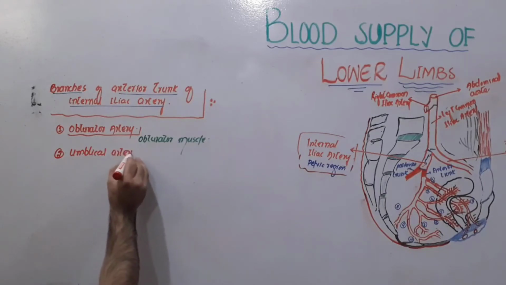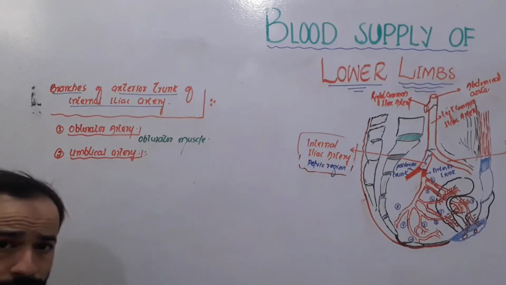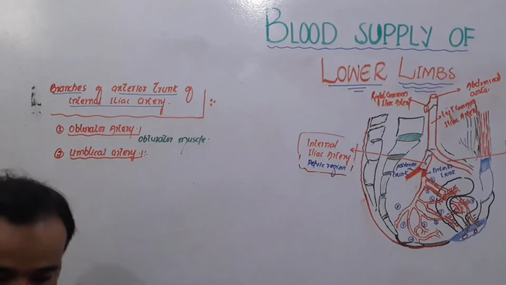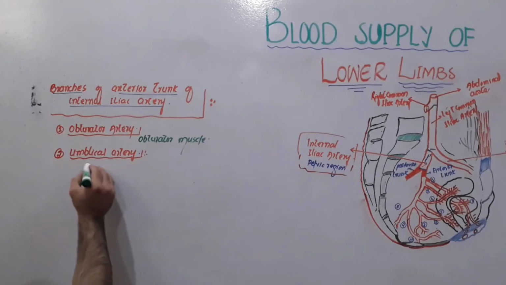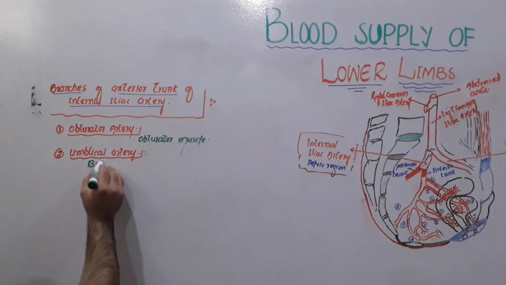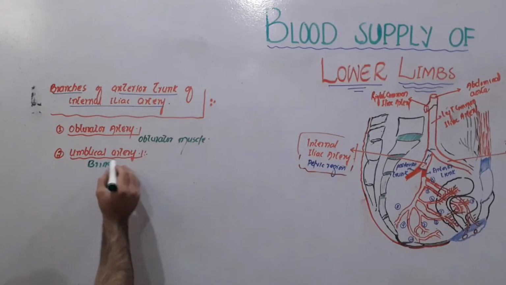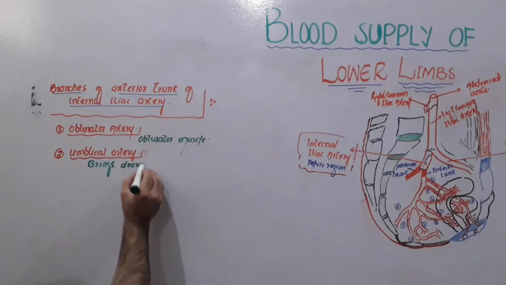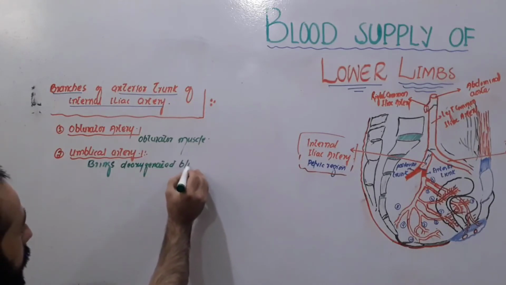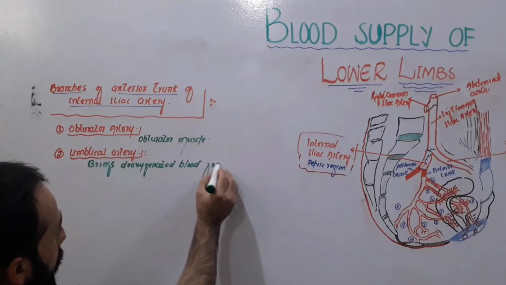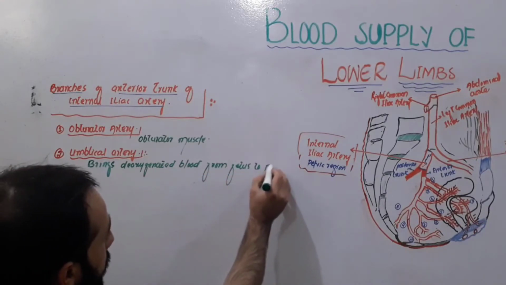This artery is responsible to bring deoxygenated blood from the fetus to the placenta.